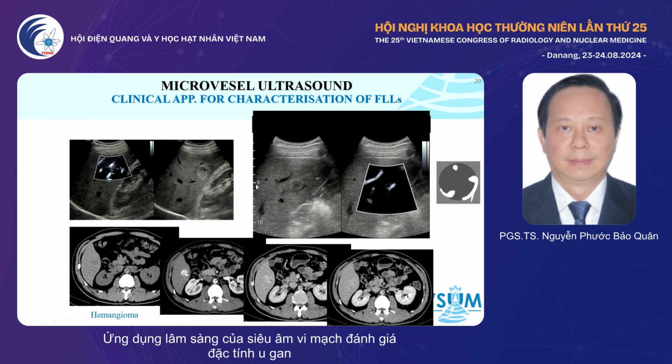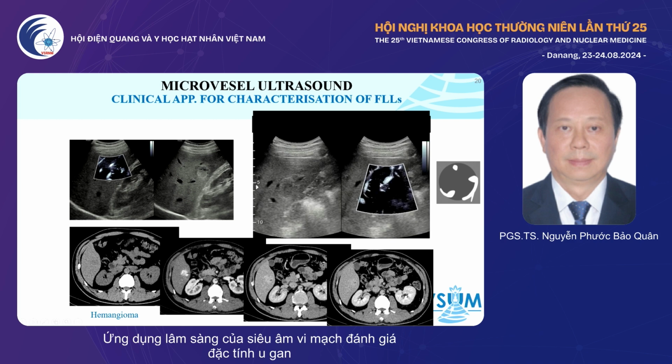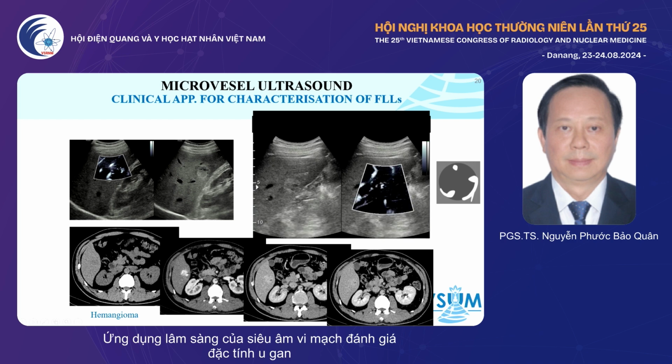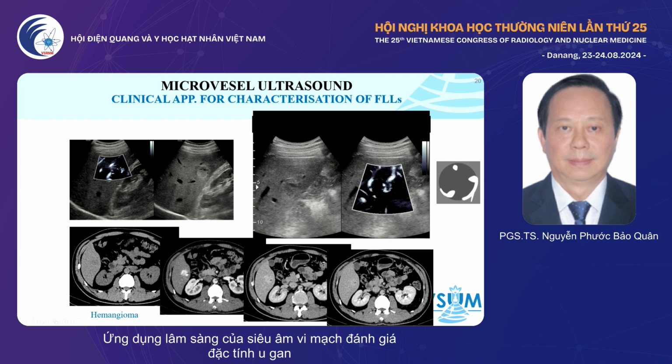This is a case of a hyperechoic lesion in the right lobe of the liver. In microvascular ultrasound, we can see the typical peripheral nodular pattern of the vessels. So we can diagnose the hemangioma.